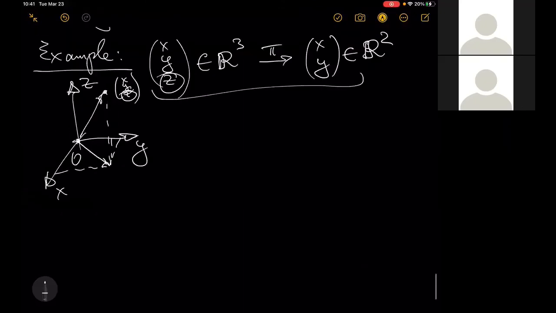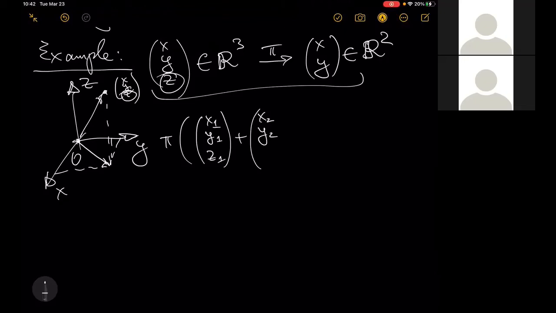Let me consider map pi of x1, y1, z1, 2 arbitrary vectors, and x2, y2, z2. So the sum of 2 arbitrary vectors. So I know that it will be x1 plus x2, y1 plus y2, z1 plus z2.